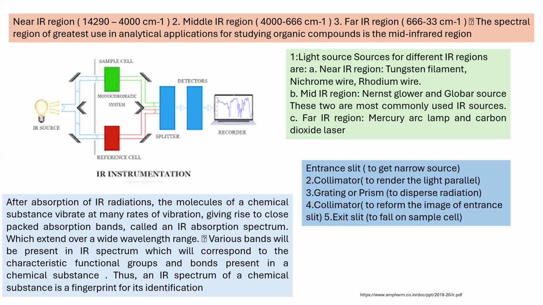When it is the middle region, between 666 to 4000, where generally we work with reference to biological molecules, it is going to be a special light source called the Nernst glower or Globar source. What are they? We will learn. For far IR, a mercury arc lamp or carbon dioxide laser are used as the light source.